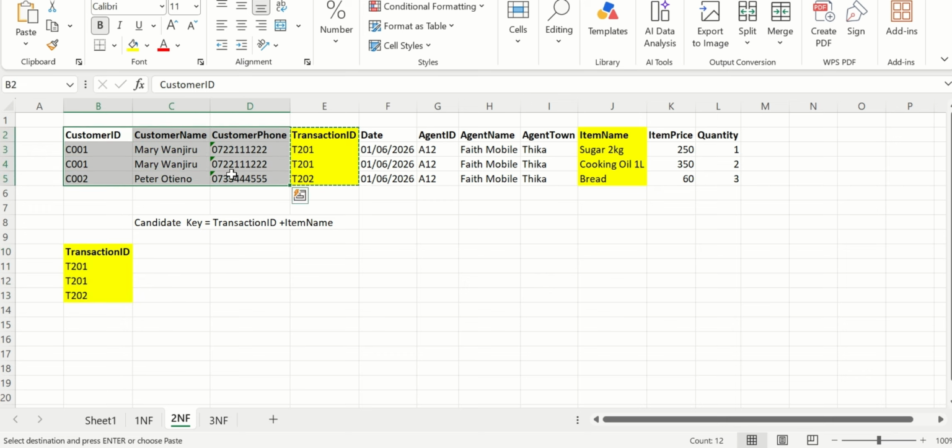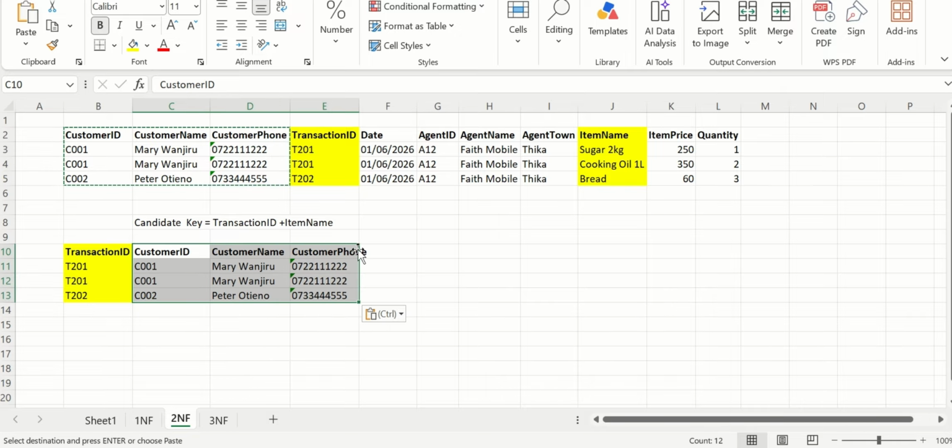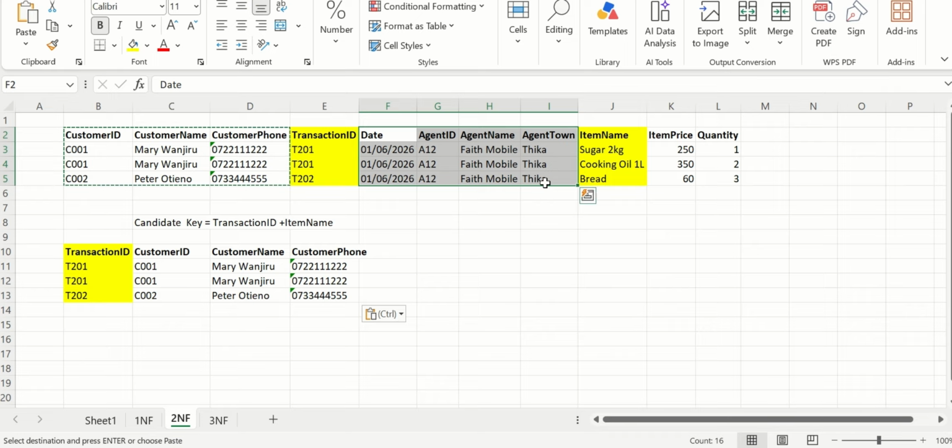Non-key values such as customer details and also agent details.